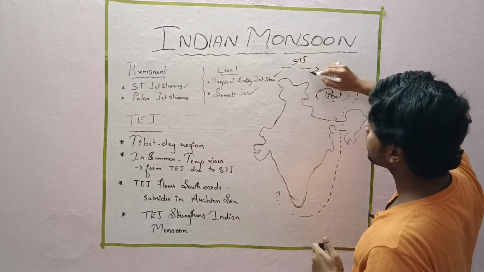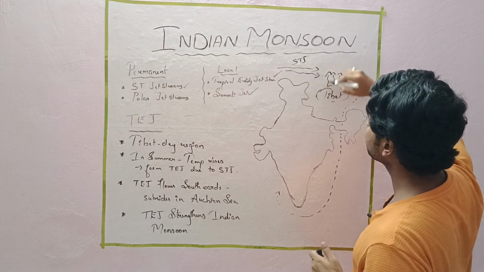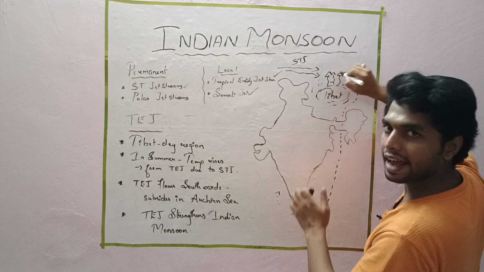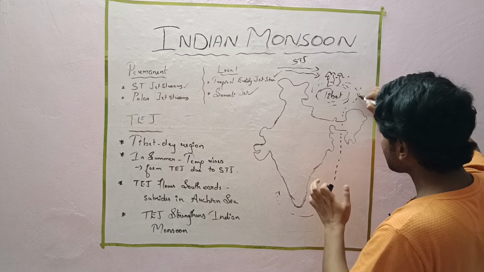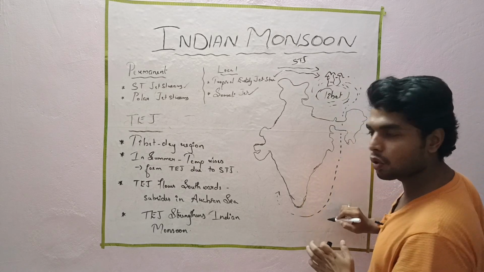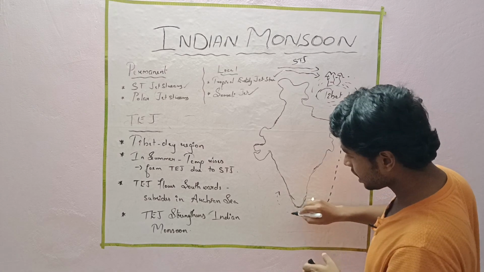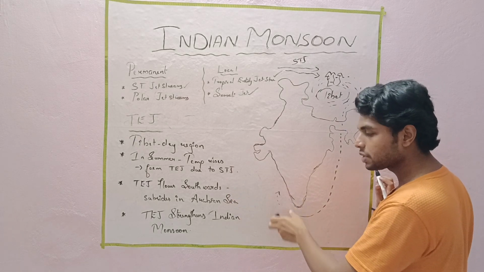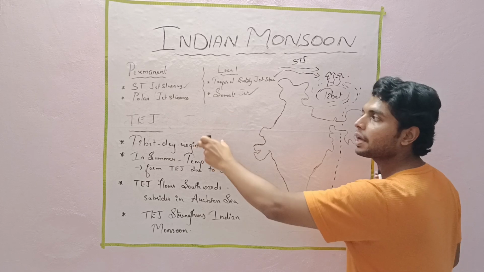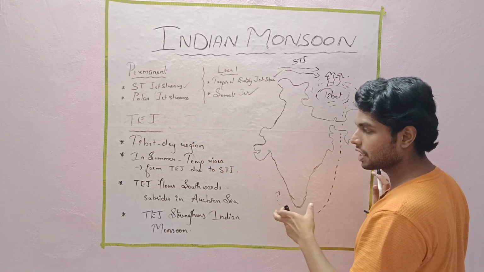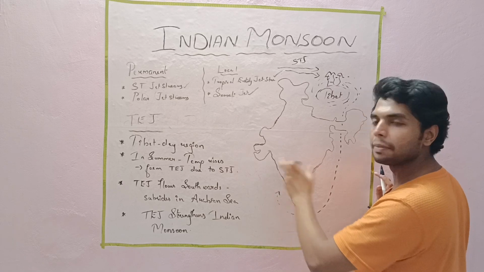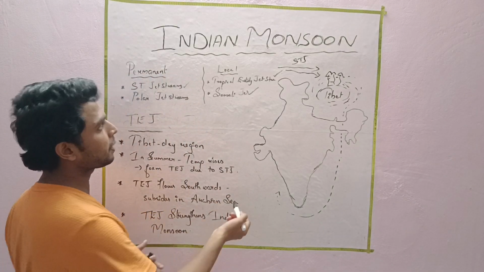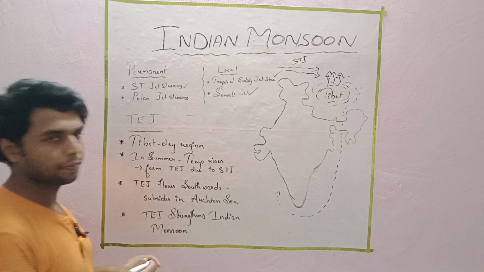When the subtropical jet stream travels through this part, it will rotate this air mass over the Tibetan region, and this air will travel southwards. Okay, it will travel southwards and subside in the Arabian Sea. When it subsides in the Arabian Sea, the tropical easterly jet stream, TEJ, will strengthen the monsoon. That's how the tropical easterly jet stream takes part in the arrival of the monsoon.